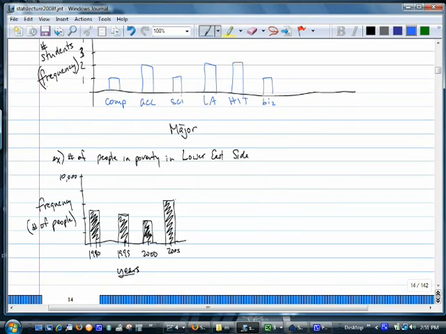All right. So a bar graph is really good for that. What could you not tell me? You can't tell me exactly how many people. Approximately in 2005, how many people? Approximately 6,000. But you can't tell me exactly, but we can fix that.